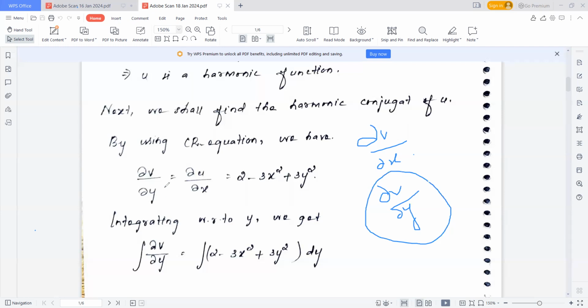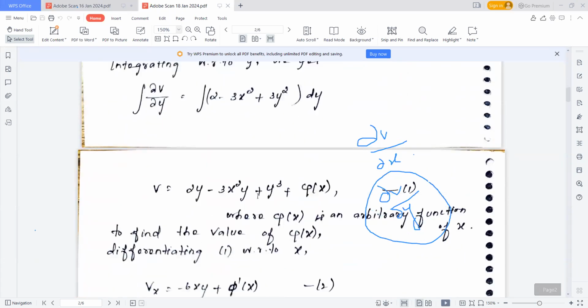Now we have to integrate the equation with respect to y. When we integrate this function with respect to y, we get the integral of dou v by dou y equal to the integral of 2 minus 3x square plus 3y square dy.